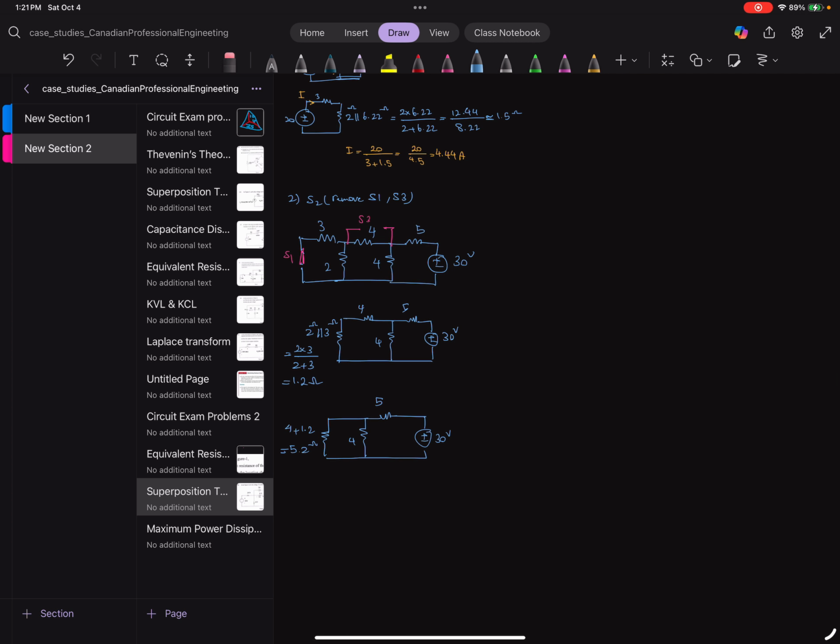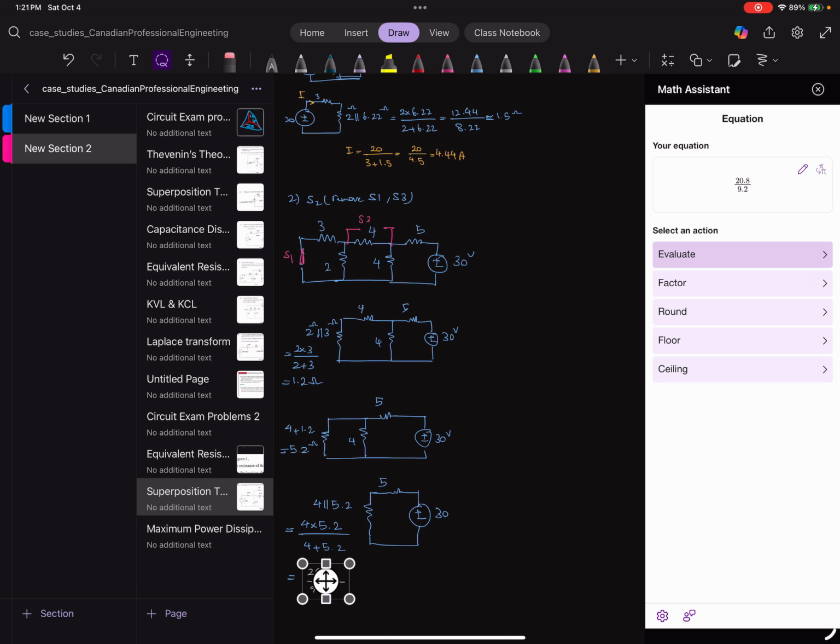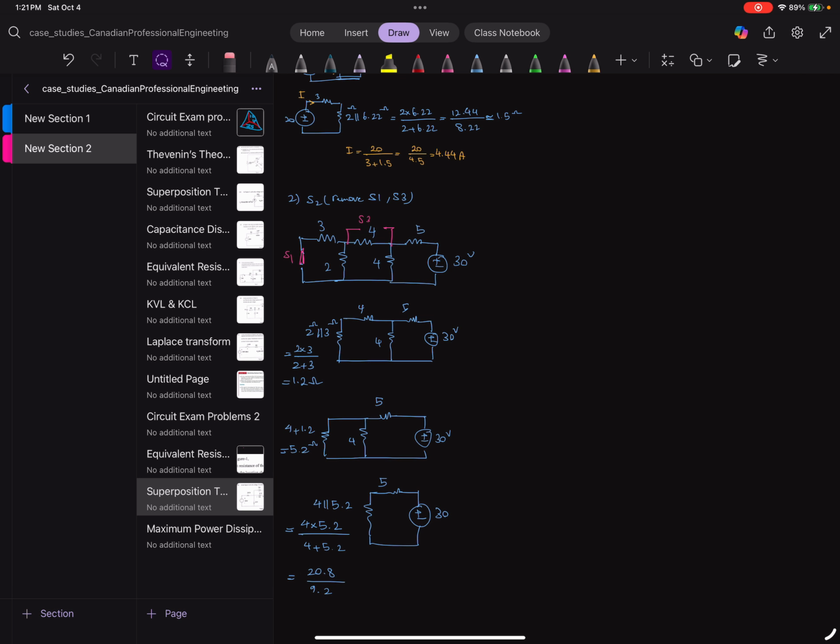Then again, one more step: 30 volt, 5 ohm, and then here we have 4 ohm in parallel with 5.2, 4 multiplied by 5.2 over 4 plus 5.2, which is going to be 20.8 over 9.2, about 2.3 ohm.